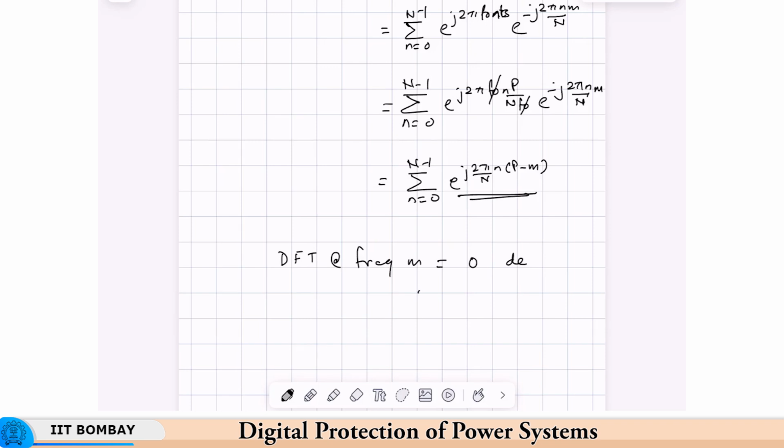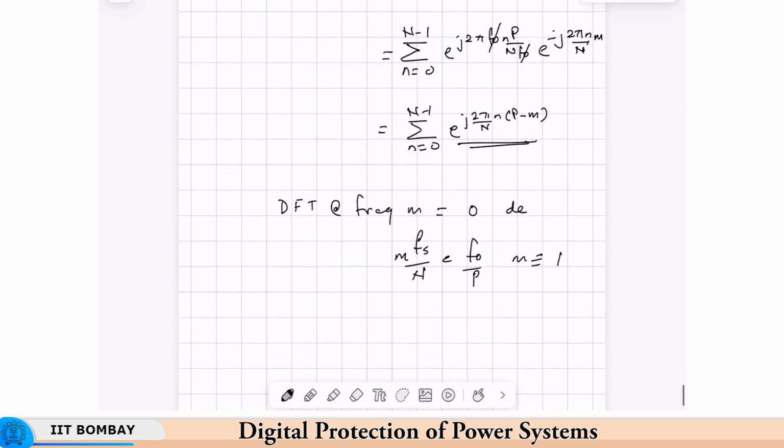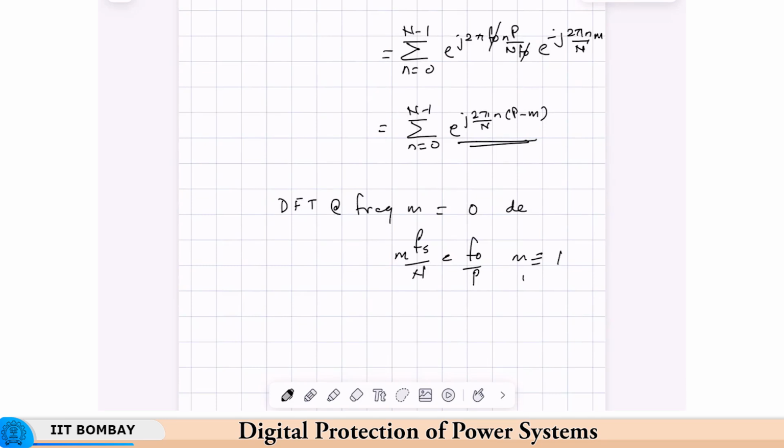So, frequency resolution is Fs by N, which is equal to f naught by P. So, for m equal to 1, it is m f naught by P, the fundamental of course. For m equal to 2, it will be 2 f naught by P, and so on, 3 f naught by P and so on.